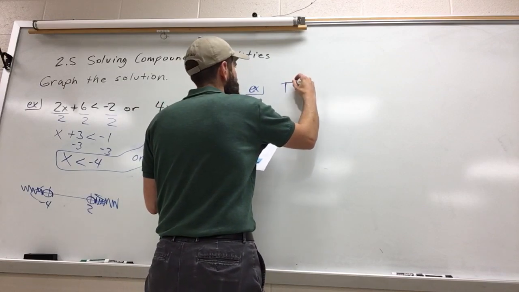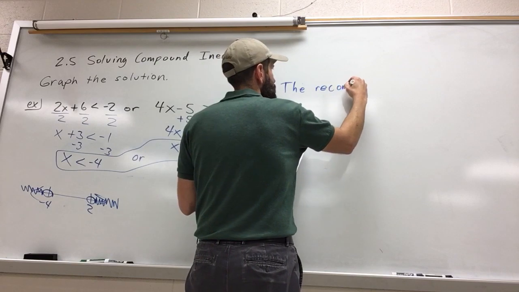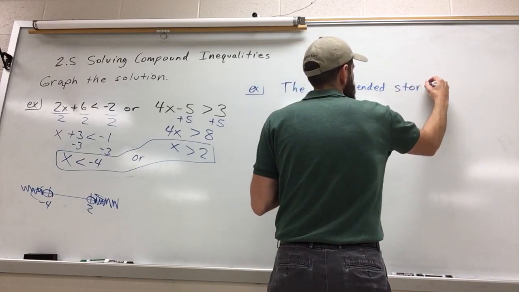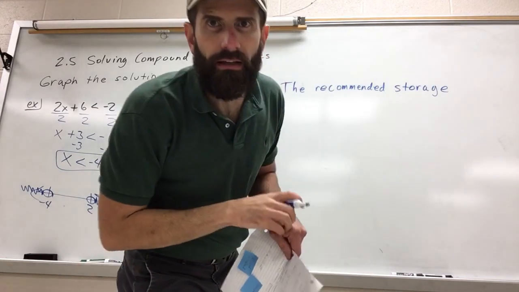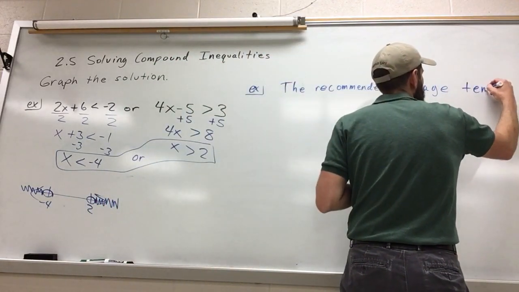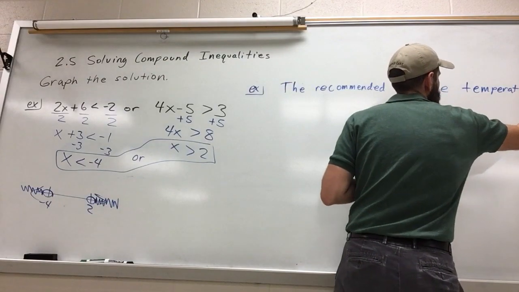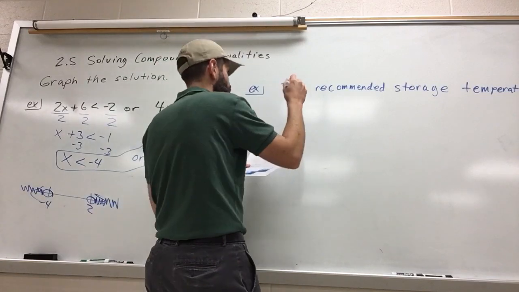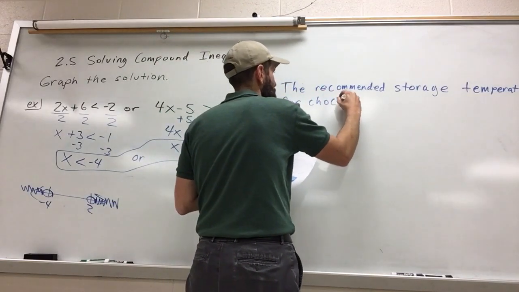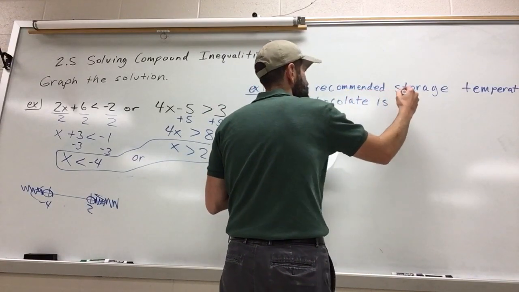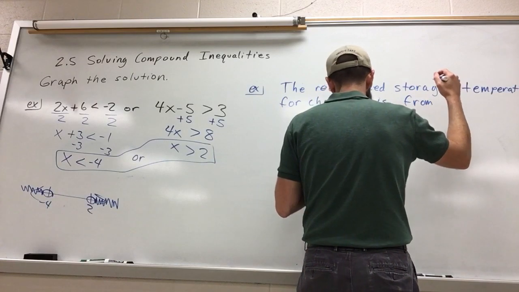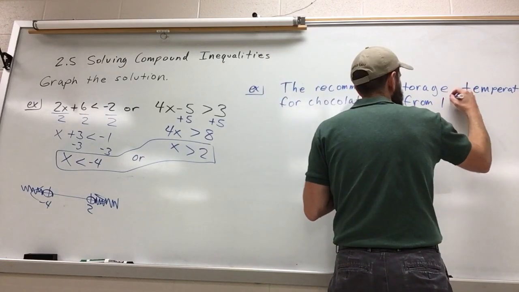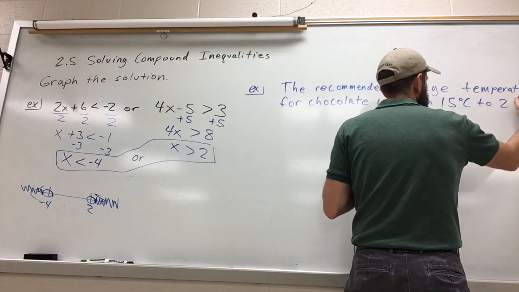The recommended storage temperature for chocolate is from, or I should probably say between, but we'll say from 15 degrees Celsius to 20 degrees Celsius.